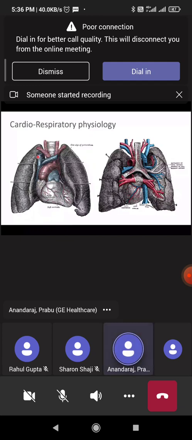So this is the impact of the lung on the cardiac output. When the blood coming back to the heart is very little in volume, the heart pumps this small amount of blood, and the systolic pressure will drop because it is receiving little blood, so it cannot generate adequate pressure. As a result, the BP will also fall.